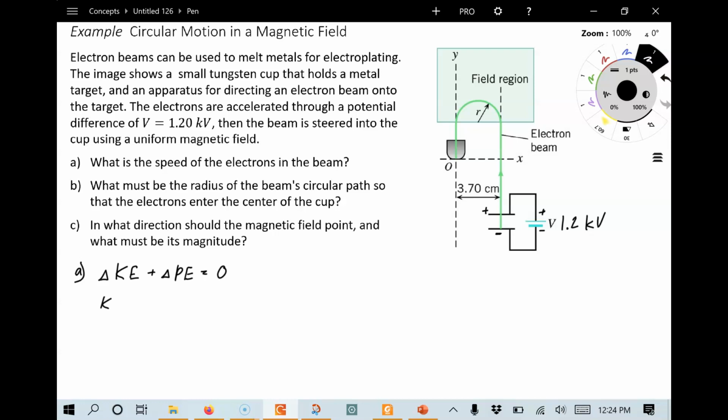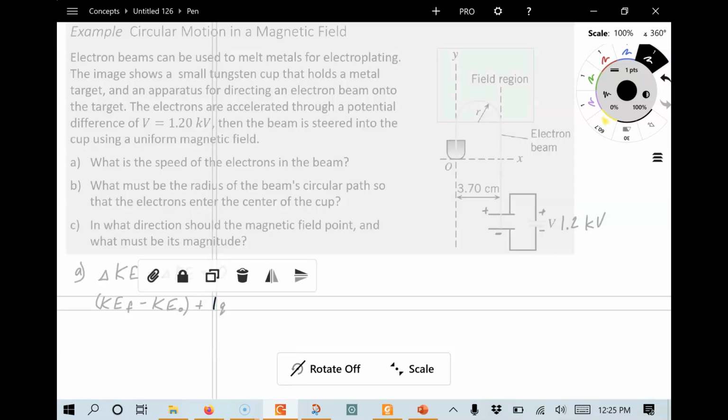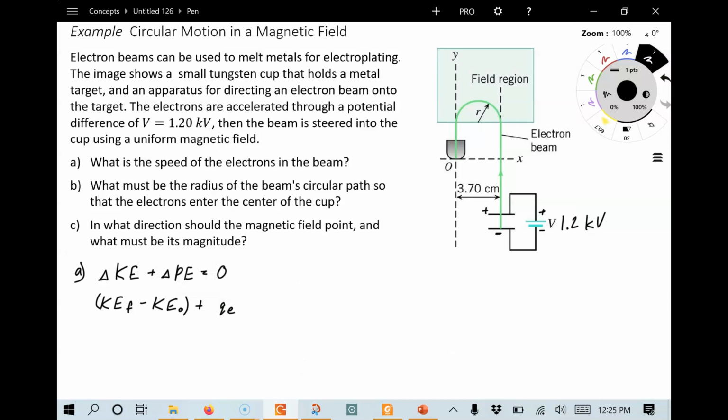Now, KE final minus KE initial plus, we're going to replace this with the q of an electron. Keep the sign, we'll need it. Times the voltage equals 0. That's what delta PE is equal to, or delta V, we want to call it that.